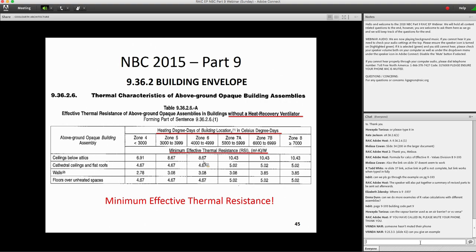I'm going to write it down and send it to you, but you have cities throughout the country, and you can find the degree days below 18 degrees centigrade, and you have a number there.